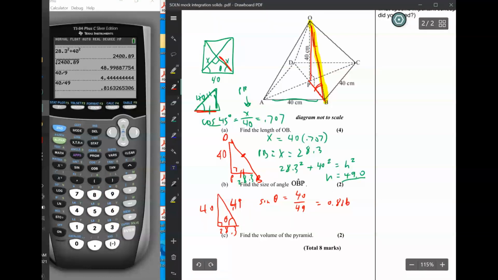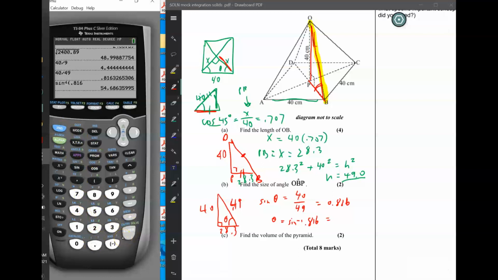Okay, and then I'm going to take the inverse sine of both sides, so theta equals the inverse sine of 0.816. Inverse sine of 0.816 is 54.7. So the angle that we're looking for is 54.7 degrees.